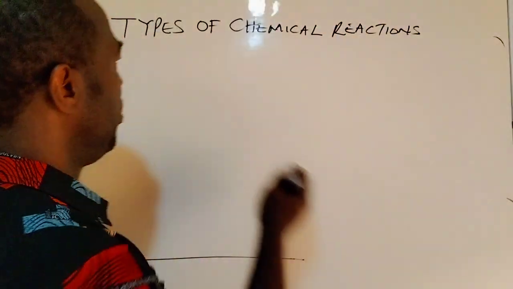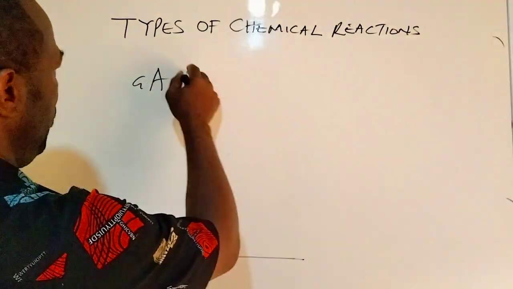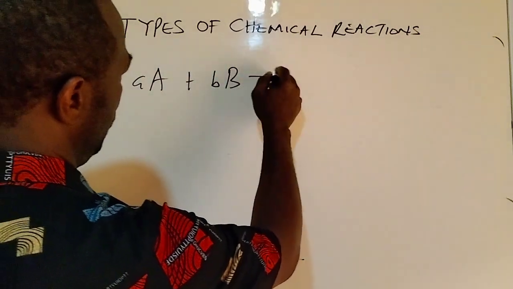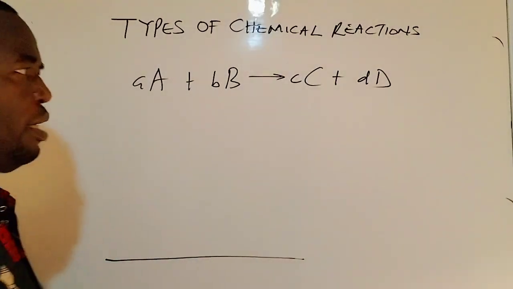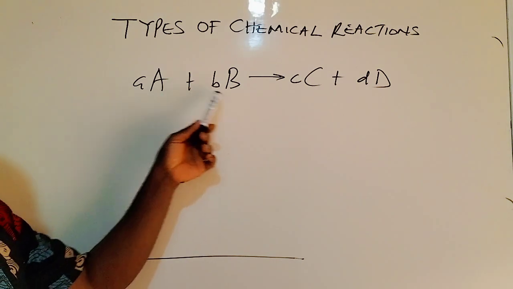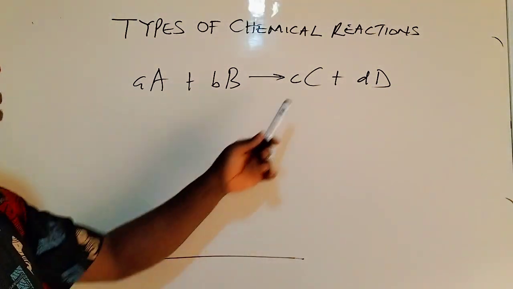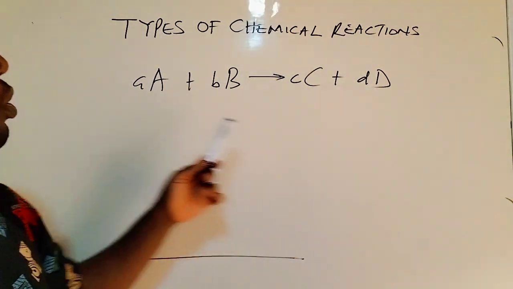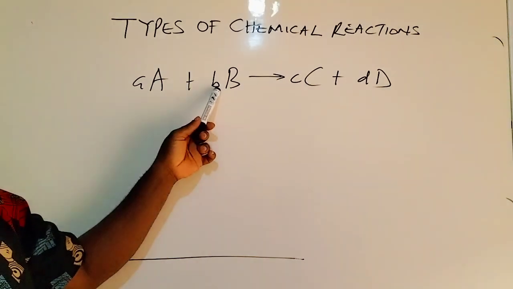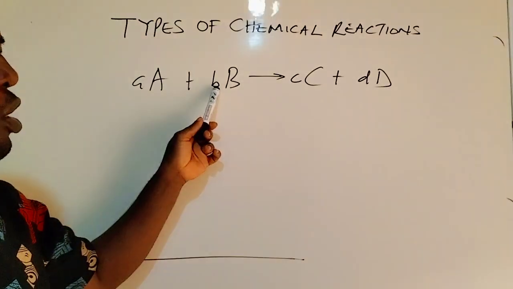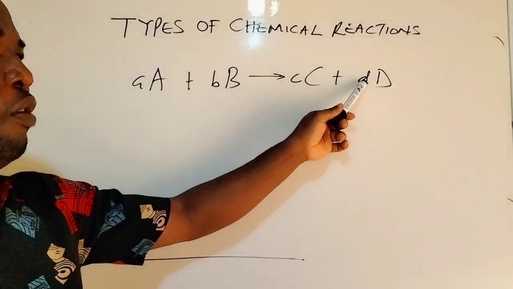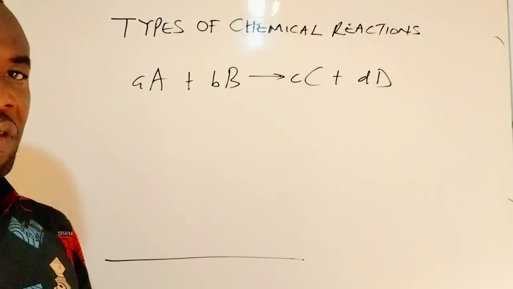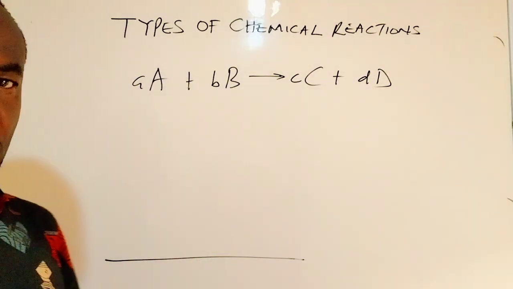For instance, we'll have A plus B giving us C plus D. This is a hypothetical example of a chemical equation, where capital A and B are the reactants, capital C and D are the products, small a and small b are the coefficients of the reactants, which we call the stoichiometric number of moles. Small c and small d are the coefficients of the products, which refer to the number of moles of the product as it appears in a balanced equation.